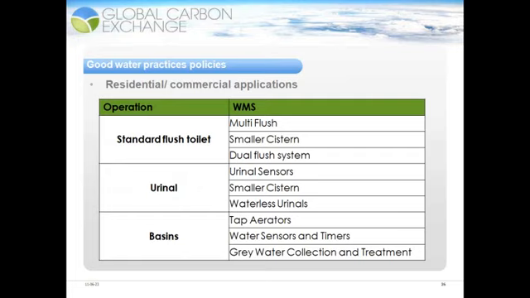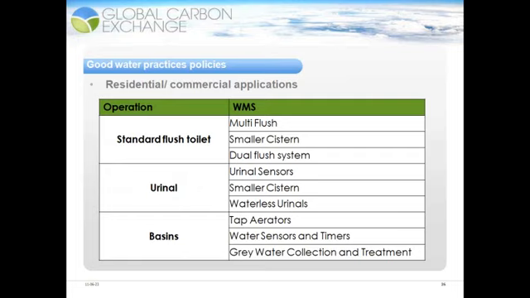A lot of older facilities did have larger systems whereby more water is flushed down the toilet than is actually needed to get rid of the waste. Other than that, you could possibly look at using a dual flush system. Now, a dual flush system has two options as to how much water you want to flush down the toilet, depending on the type of waste you need to get rid of.